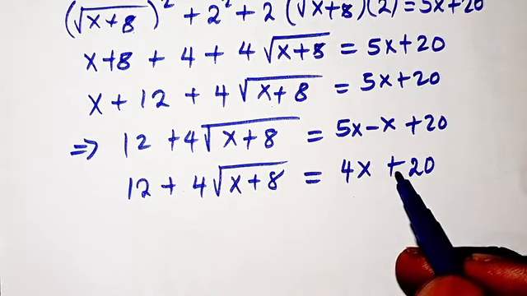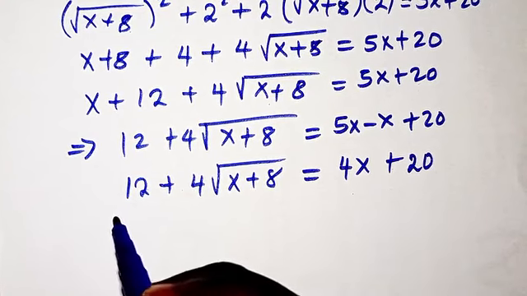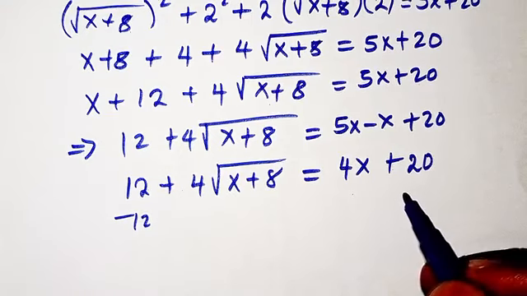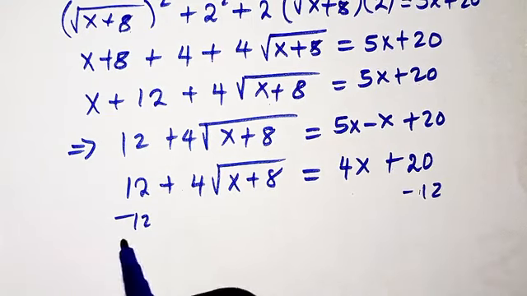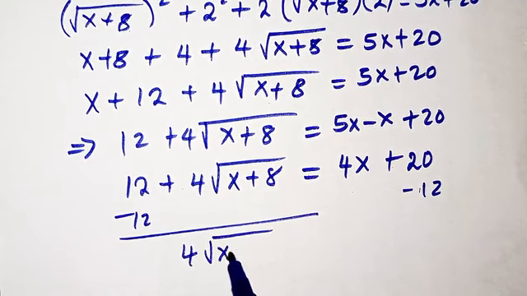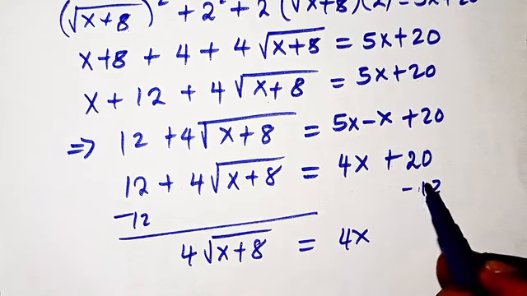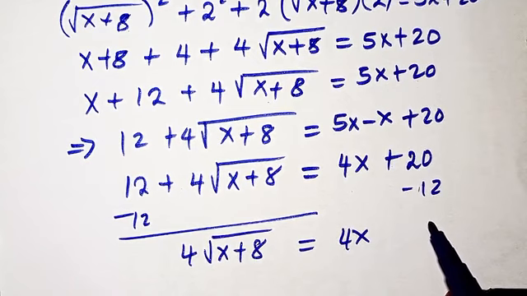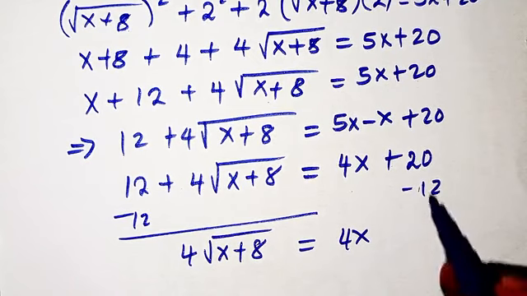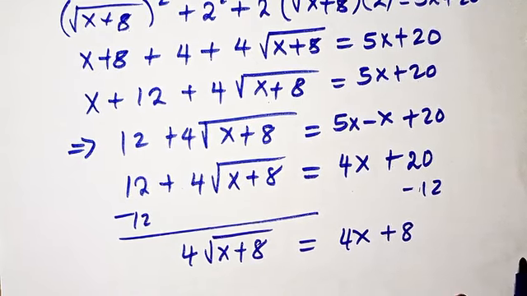So now the next thing we are going to do, I have this 20 here, I have 12 here, so I can actually remove 12 from both sides of the equation. So you can see that this is going to be 4 root x plus 8 equals 4x, and if you take 12 away from 20, that will give us 8. We have plus 8. Are you getting it?